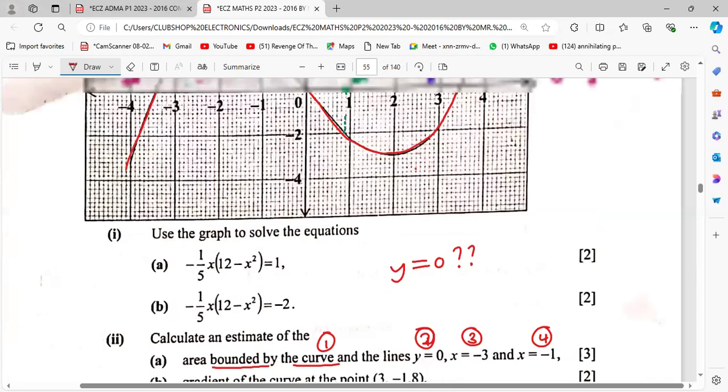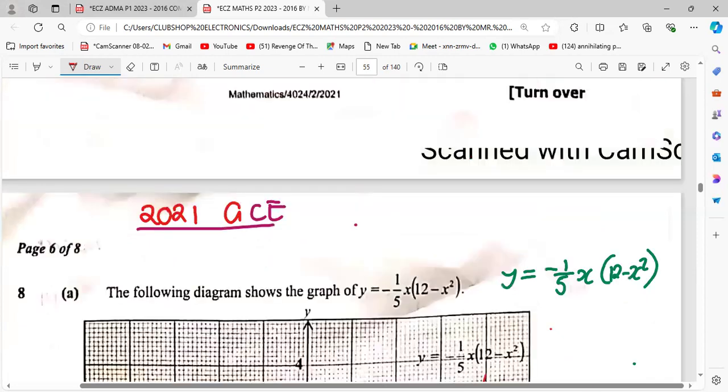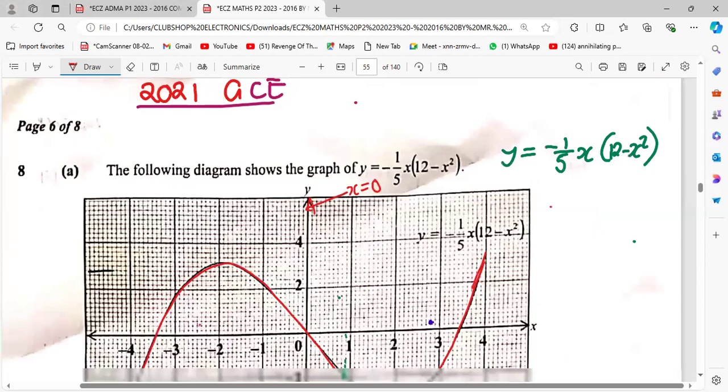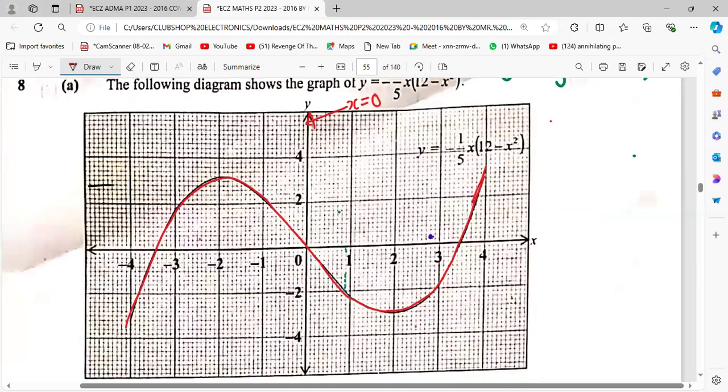Okay. Last time we said the y-axis in terms of the equation is x equals 0, the opposite in terms of the equation. Then the x-axis in terms of an equation is y is equal to 0. Let's not forget. Is that okay?